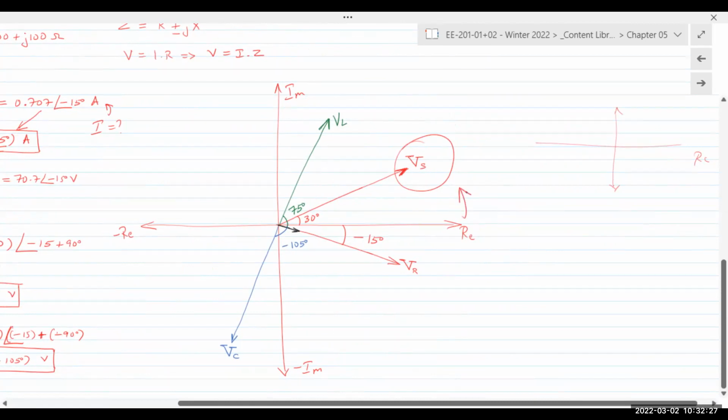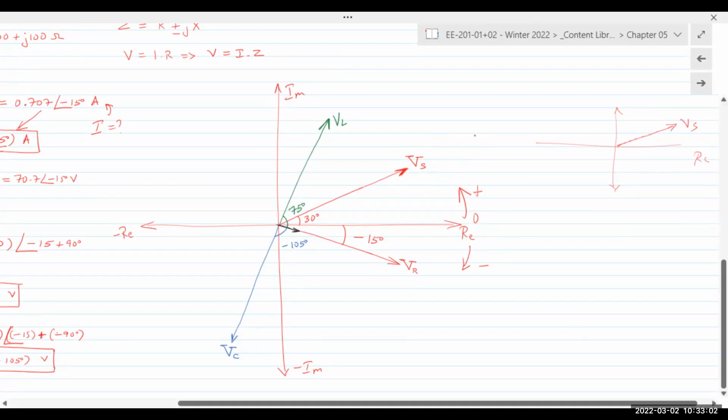Counterclockwise from the real axis is a positive phase angle. Going clockwise is a negative phase angle. You find the angle, draw a line at that angle, and that is Vs. That's drawing the phasor diagram.